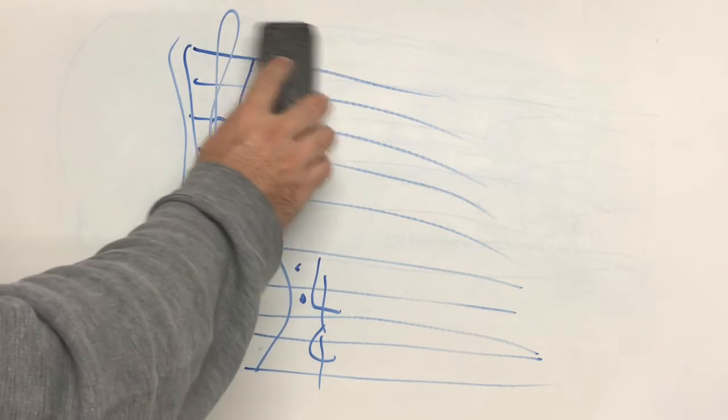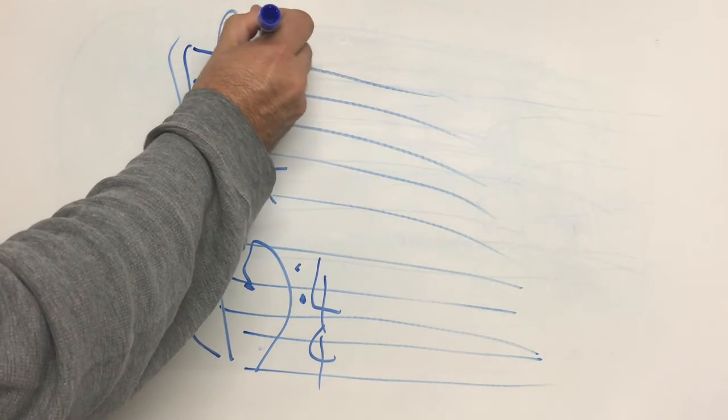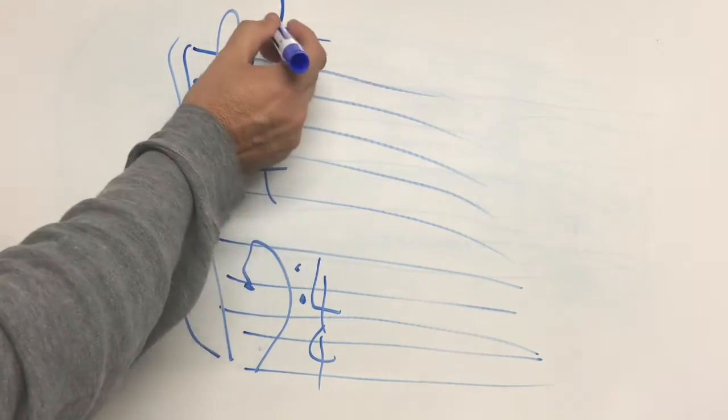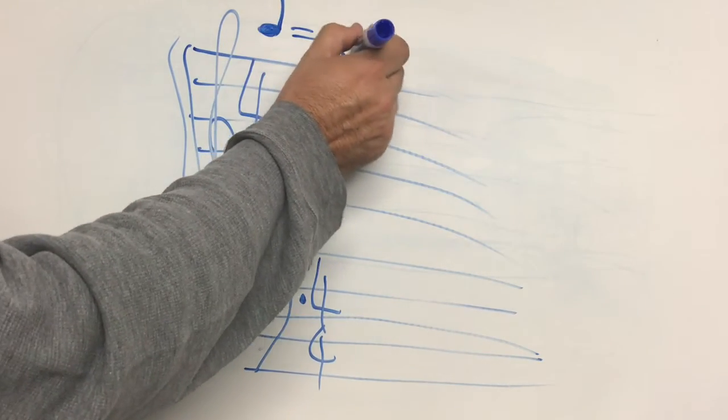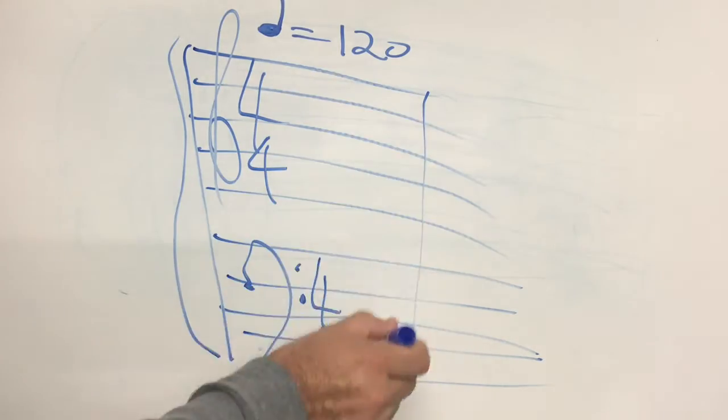Sometimes you might also find what we call a metronome mark, which tells you the speed, how many beats there are per minute. So here we'll have a crotchet equals, and just for interest, 120. So that means you will have 120 crotchet beats per minute, not per bar.